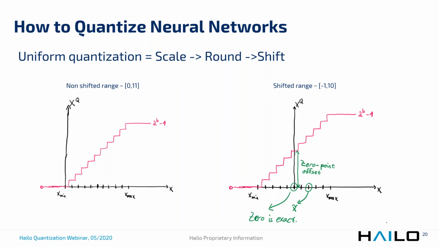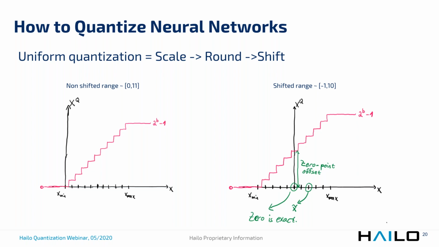And on the right side, we have a very similar image, but our real numbers are shifted. So they're not only positive, now they include negative numbers. This can be, for instance, due to the usage of leaky ReLU activation. So we have numbers in the range -1 to 10. And the picture is very similar. So it's still a scaling operation.